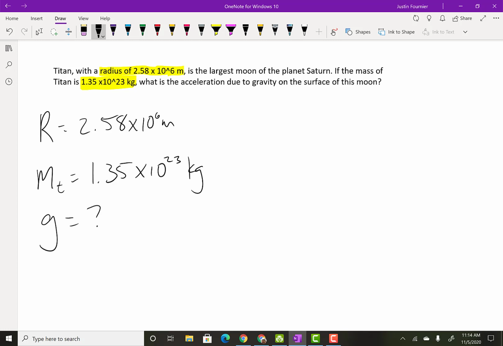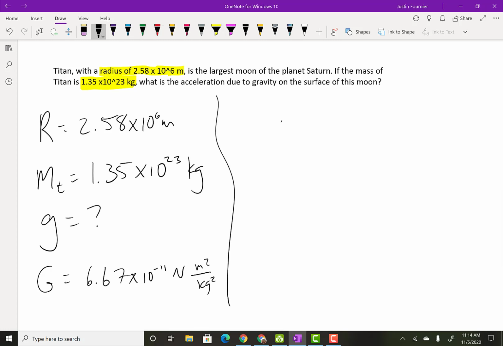They could have asked either, it'd be the same thing. I also know that big G is 6.67 times 10 to the negative 11 newton meters squared over kilograms squared. So using this equation, g is equal to big G times the mass of the source, that'd be the mass of Titan, divided by the radius of Titan squared. I can then just plug all this stuff in here.